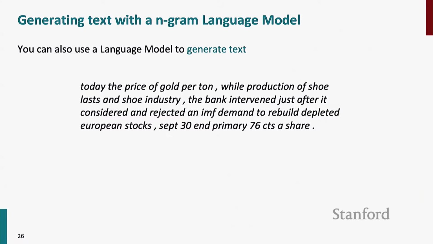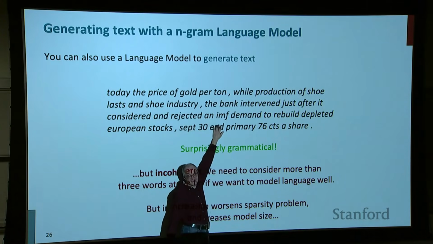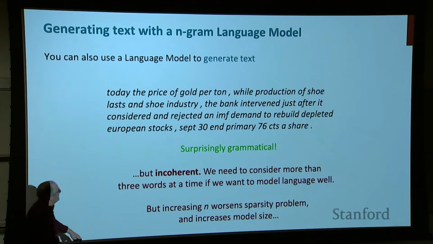Now, okay, that text isn't great, but I actually want people to be in a positive mood today. Actually, it's not so bad, right? It's sort of surprisingly grammatical. In particular, I lowercased everything, so this is the IMF that should be capitalized, of the International Monetary Fund, right?